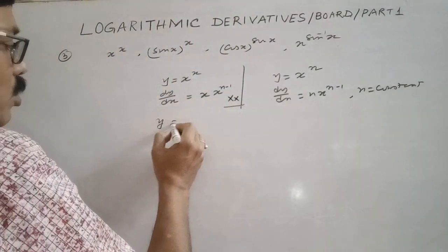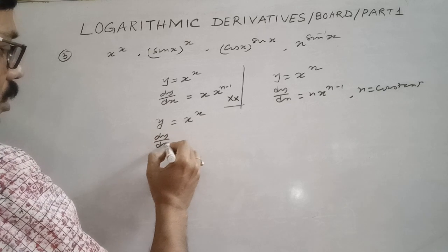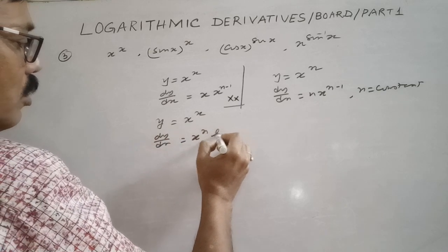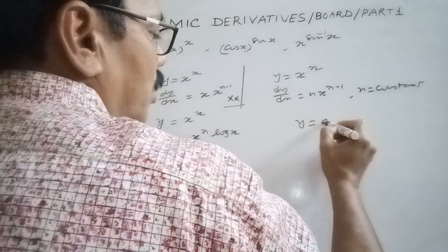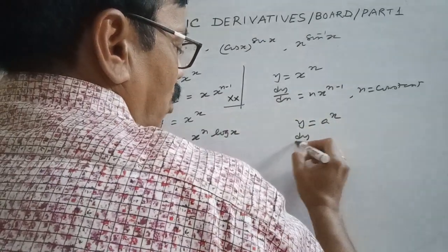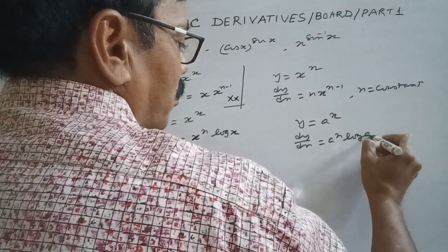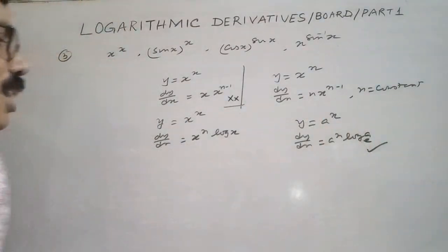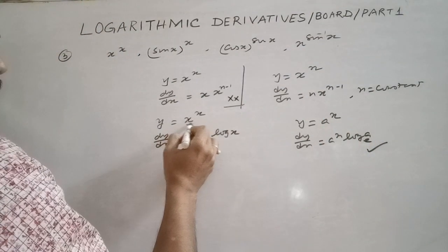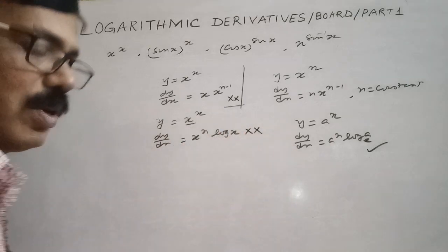So y equals x to the power x. Some students use dy by dx equals x to the power x into log x, or a to the power x into log a, base e. This one is correct only when the base is constant, then you can use it. But here the base is not constant, so you cannot use this one.